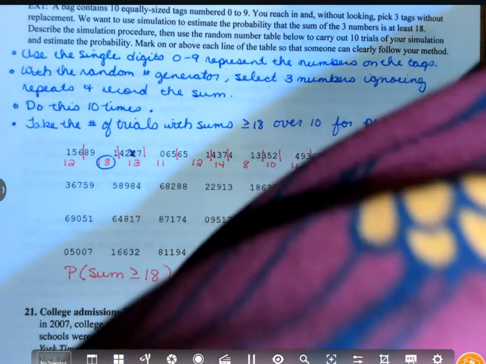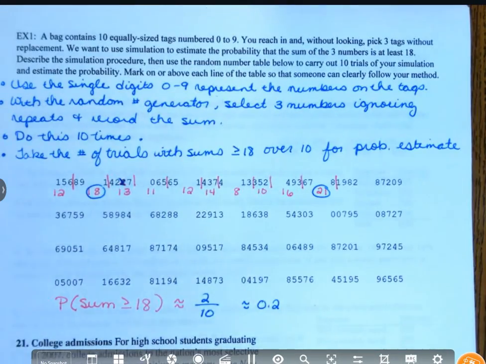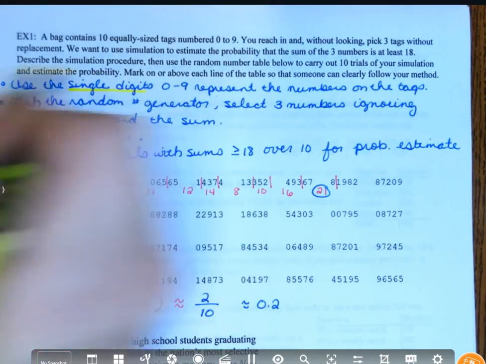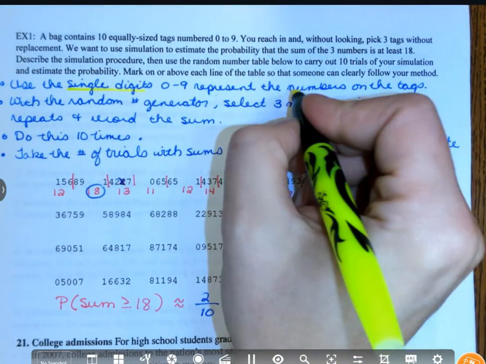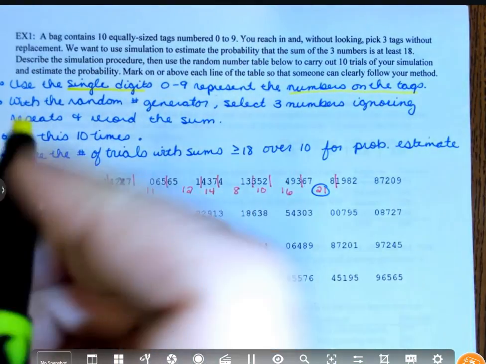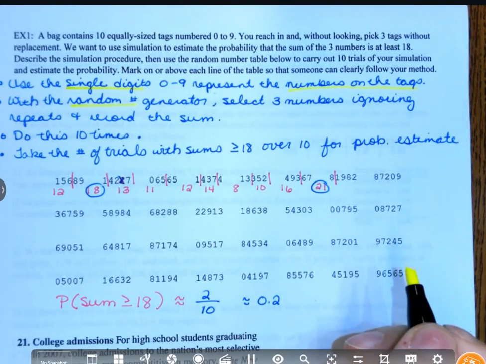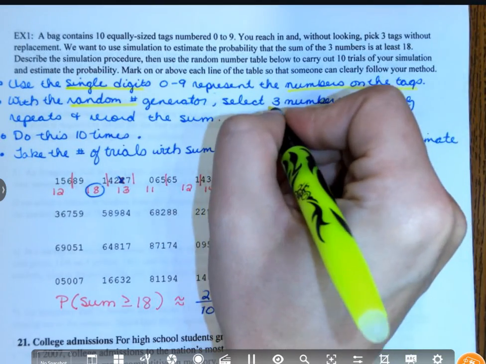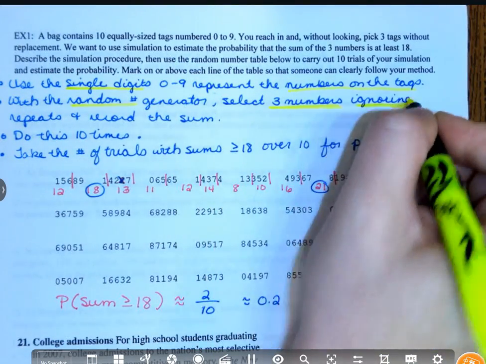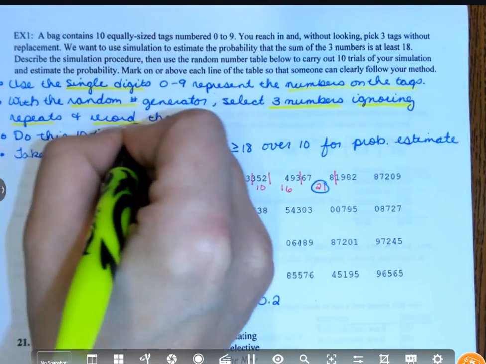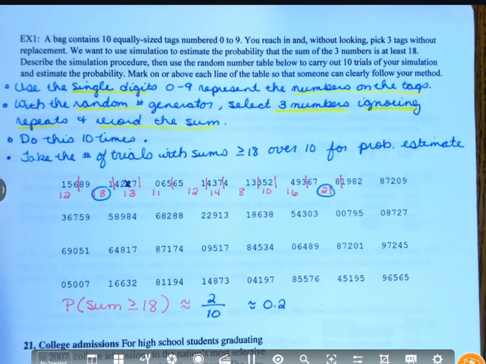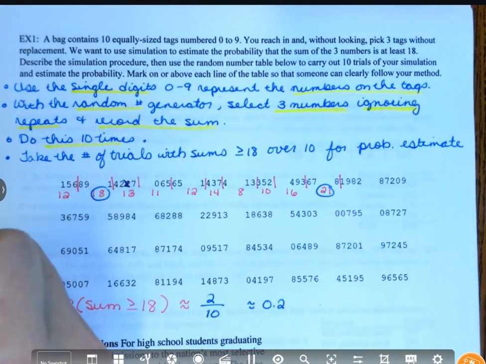Key pieces here. You want to make sure that you're talking about single-digit numbers, that you have context, that you're going to say random number, somehow make sure that you understand that we're randomly selecting numbers, 3 numbers at a time, ignoring repeats, recording the sum. How many trials?